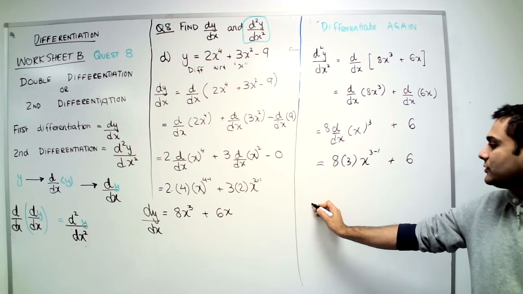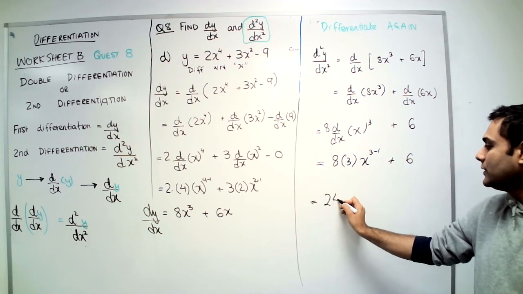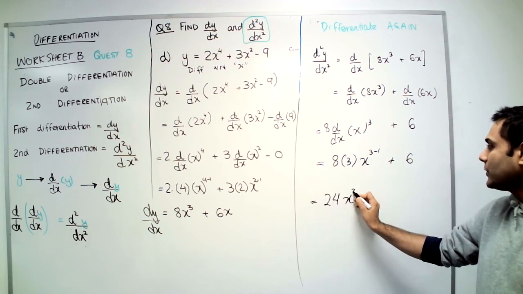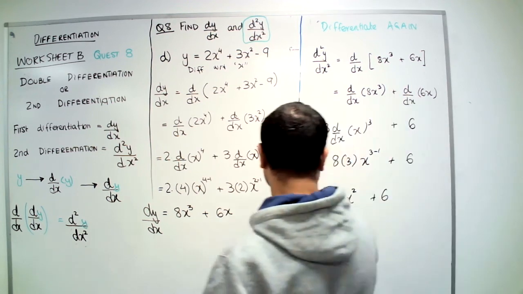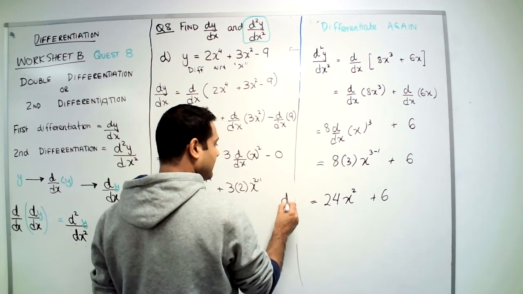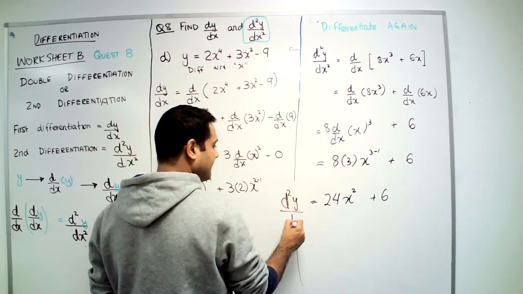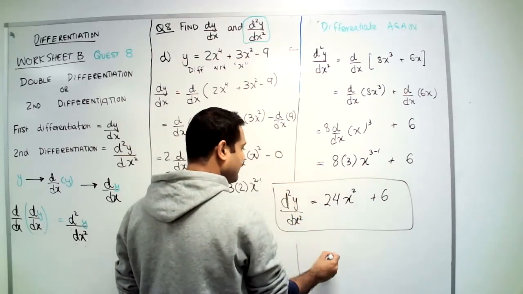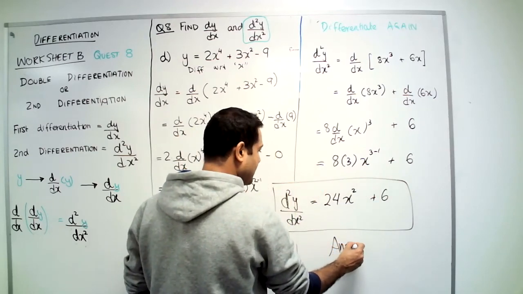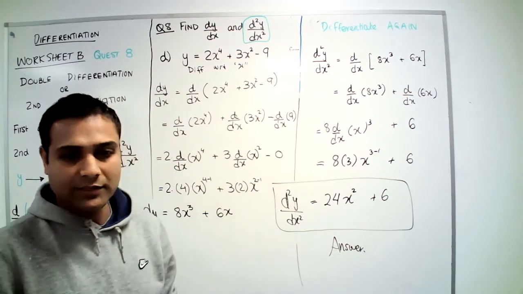That will be 8 times 3, 24x squared plus 6. And this is your second differential. That's your answer.